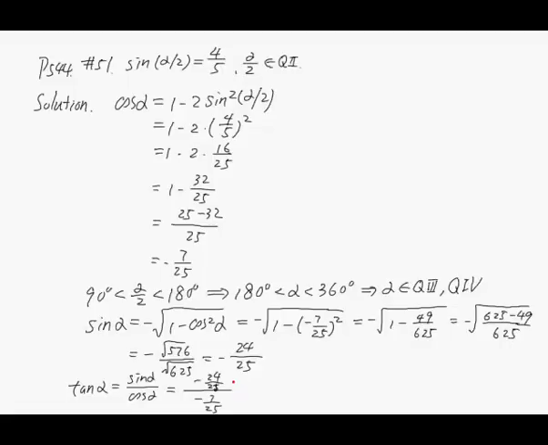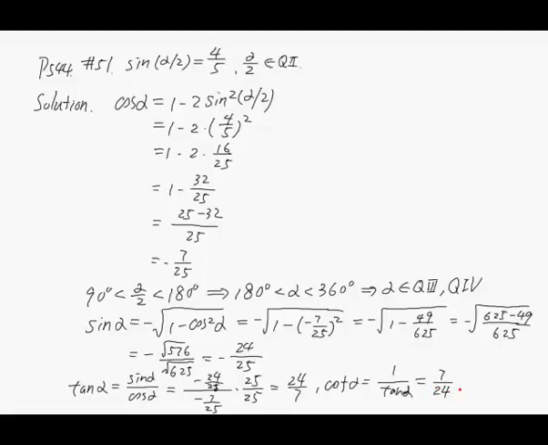Then you multiply both the numerator and denominator by 25 and also cancel the negative sign. Then you get 24 over 7. Then you can find the cotangent alpha, which is equal to the reciprocal of tangent alpha. So you just need to invert this fraction. Then you have 7 over 24.